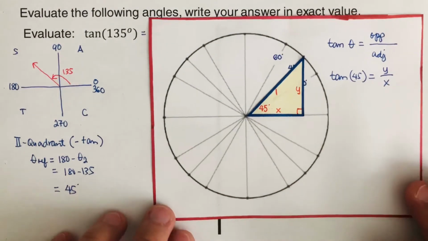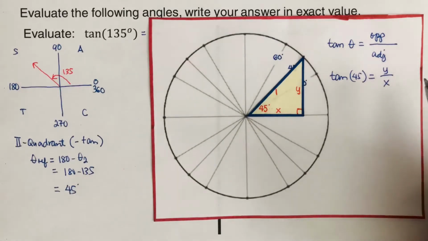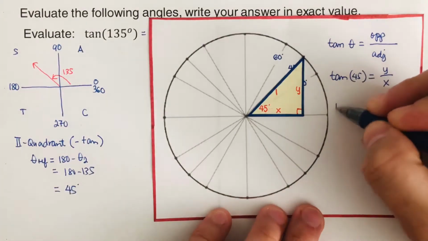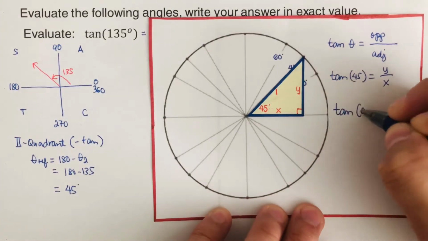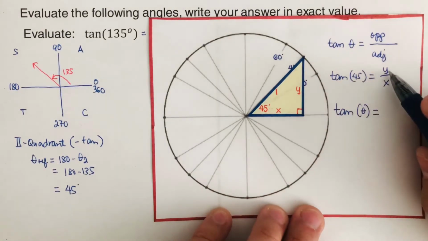Now, notice this very carefully. We remember that the x represents the cosine of the angle, and then the y represents the sine of the angle. So then we go ahead and say that the other formula for tangent theta is y, and remember, the y represents the sine.